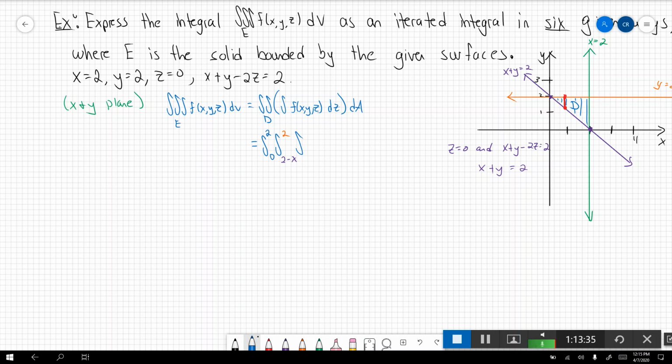The investigative work comes from the domain. Look at your domain here. Looking at the domain, pick any value within that domain. You can actually pick anything on the boundaries as well. Say that we pick this point, let's say 2, 2.